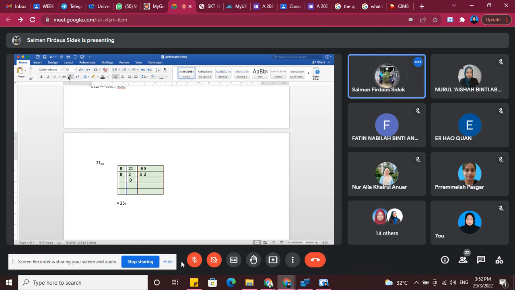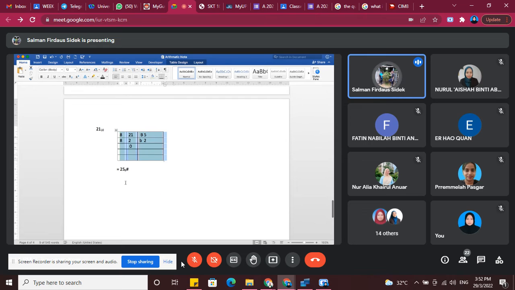Okay, let's say dalam hexa pula. Dalam hexa, apa teknik yang ada? 21 divide by 16.